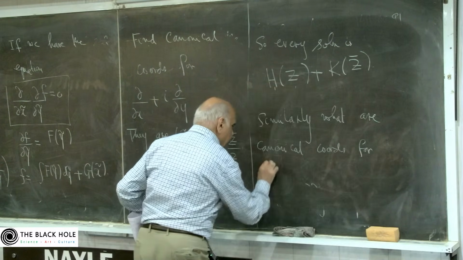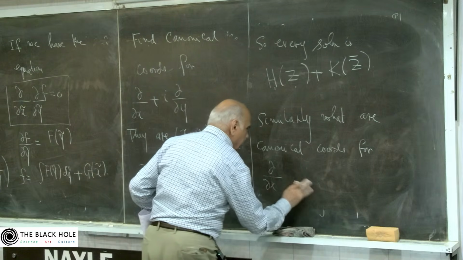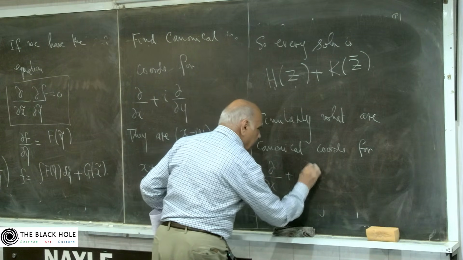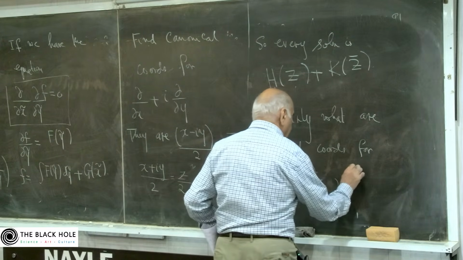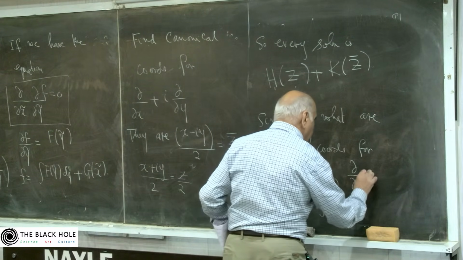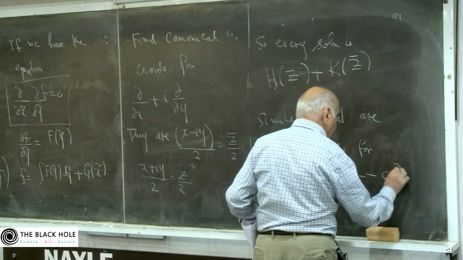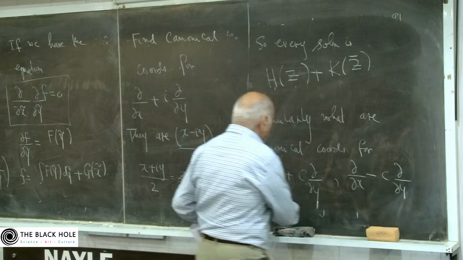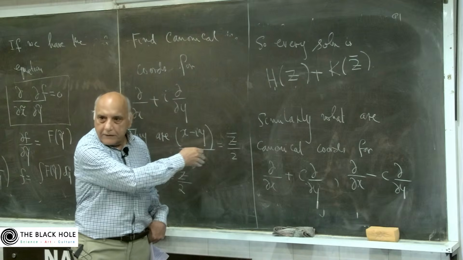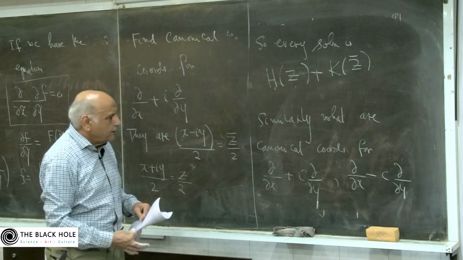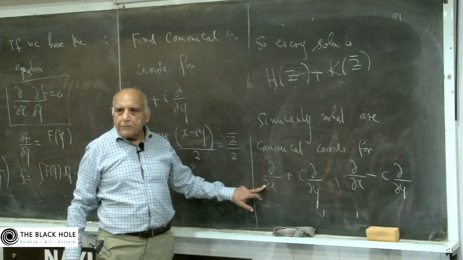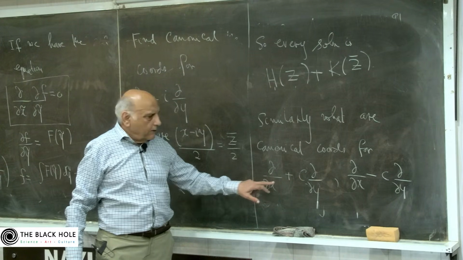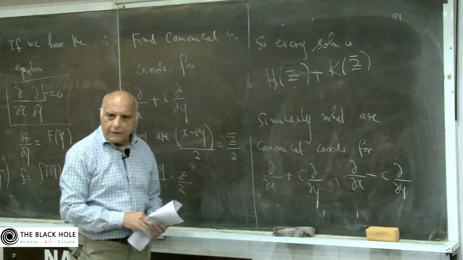For partial by partial x plus c partial by partial y, and partial by partial x minus c partial by partial y. Because c is a constant, these commute. So can you guess here? No, we have to divide by something, right?